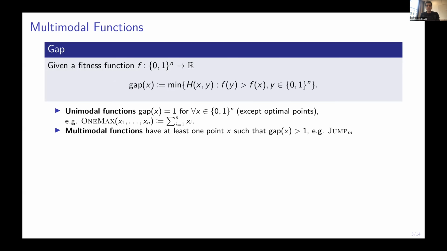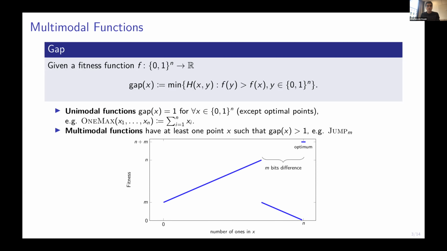Based on the definition, on unimodal functions, it's always possible to make an improvement by changing just 1 bit, like OneMax, which equals the number of 1 bits in a string x. But on multimodal functions, there's at least one point where the gap size is larger than 1. And so there are no improvements at a distance of less than gap of x.